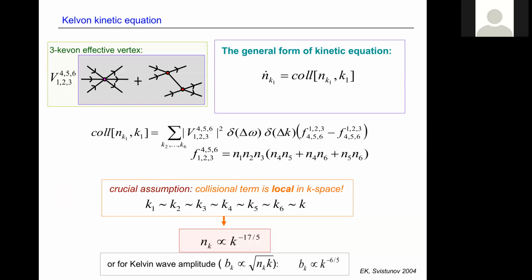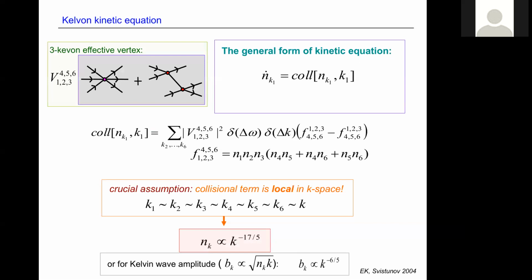If you want to relate it back to the Kelvin wave amplitude, the amplitude is the square root of the occupation number times K. If you're confused by this, we can discuss it later. It's just integrating the wave packet around wave numbers over K. So for the actual geometrical amplitude, this is the spectrum that you get.